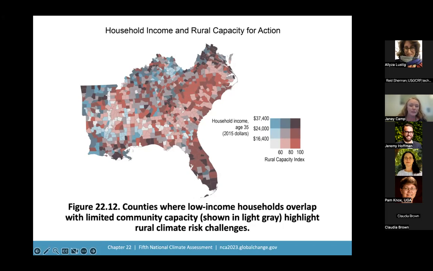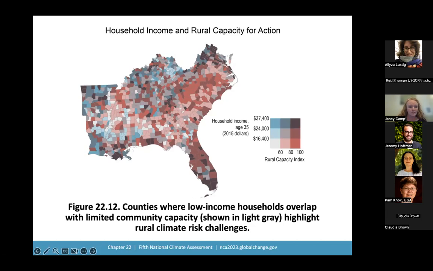And as you can see, when you look at the grid for the color scheme to the right, the legend, those lighter colored cells or blocks in the region have the lowest capacity and lowest income across the board.